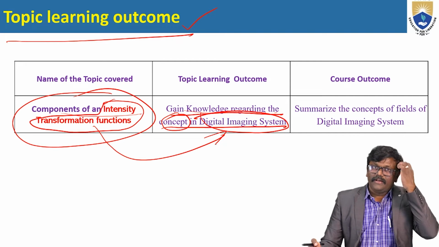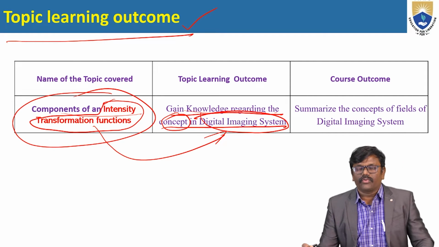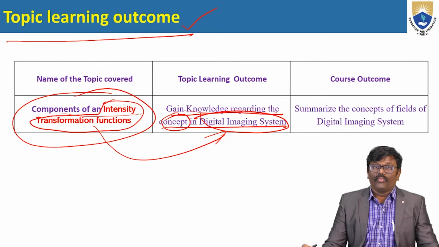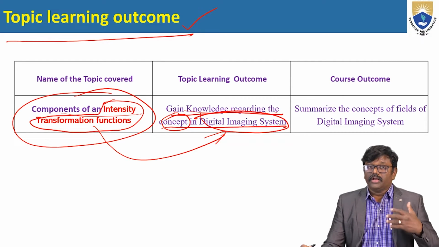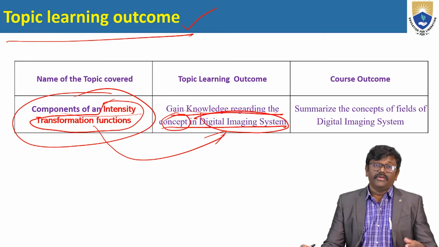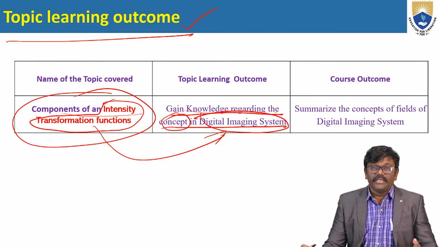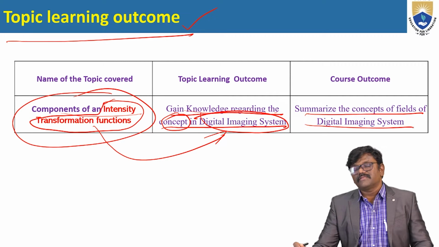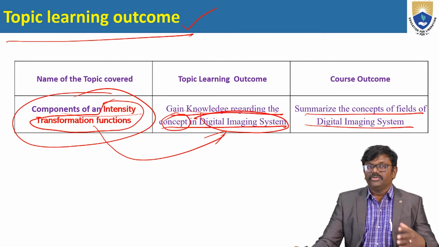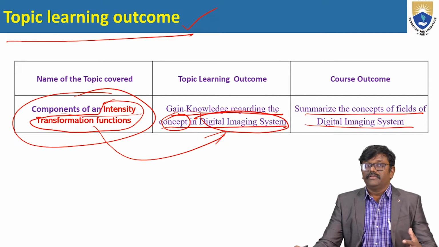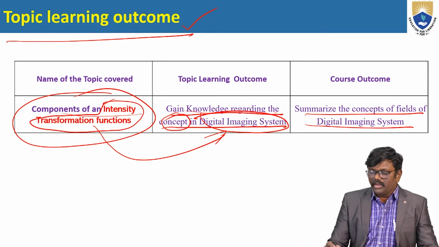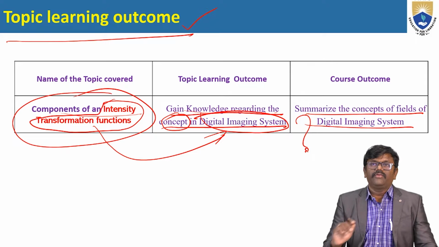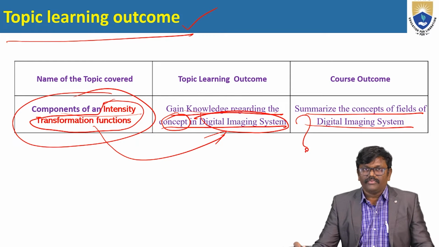Next, we summarize the concept in the field of digital imaging systems. Your summary depends upon your digital imaging system application only. What will that be? We're going to see that in the coming slides.